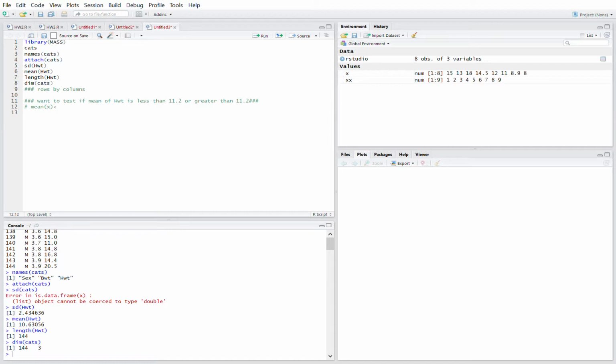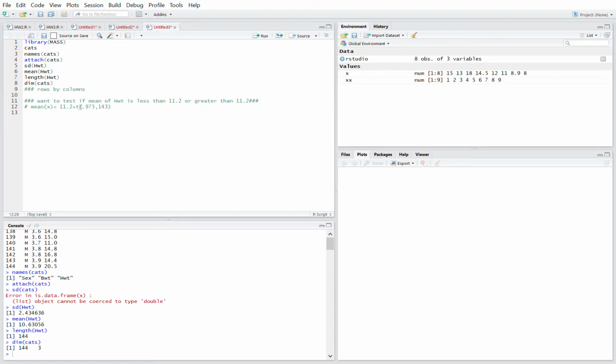How many degrees of freedom do I have? 143, right? Times S divided by SQRT of 144, right? Good. Okay? Isn't that in general what I want to do?